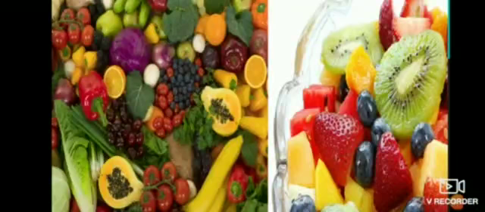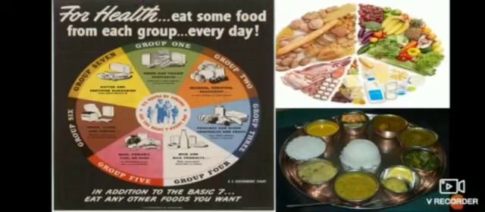Next, we go to balanced diet. What is a balanced diet? A diet containing food items having more of carbohydrates, proteins, along with a little of fat, vitamins, and minerals makes a balanced diet.